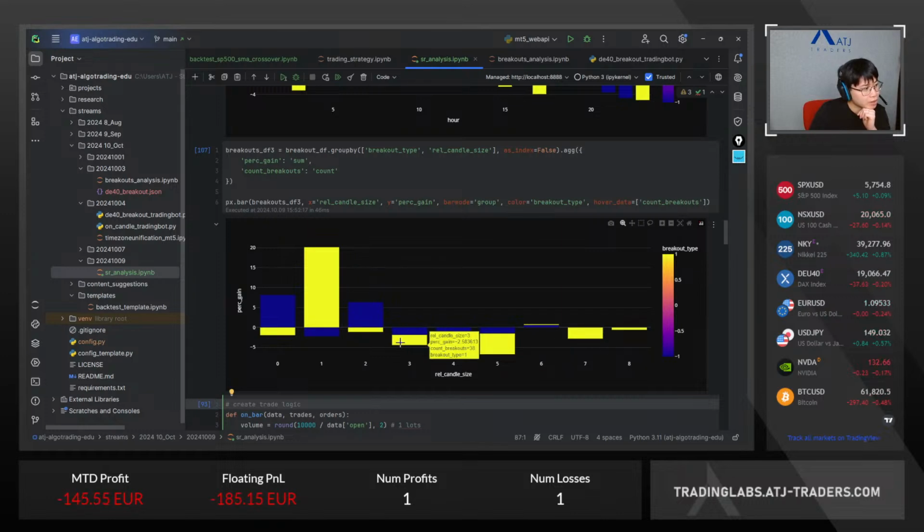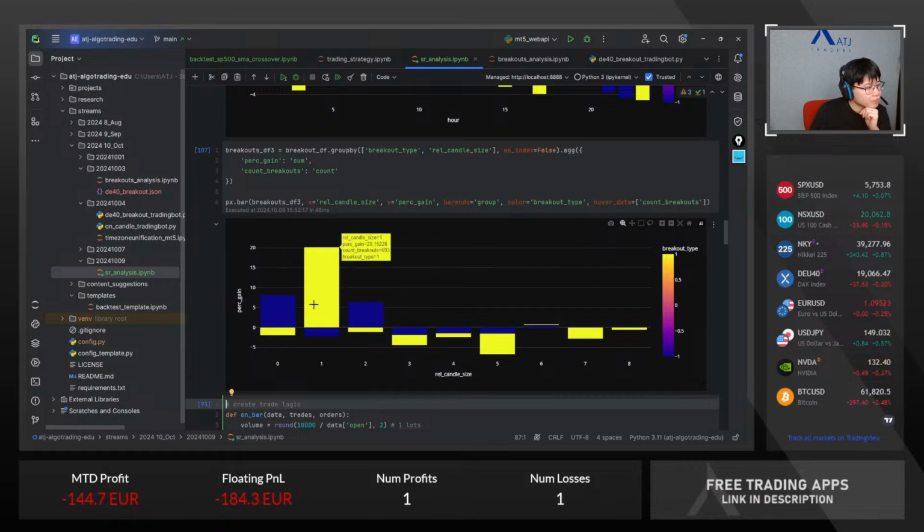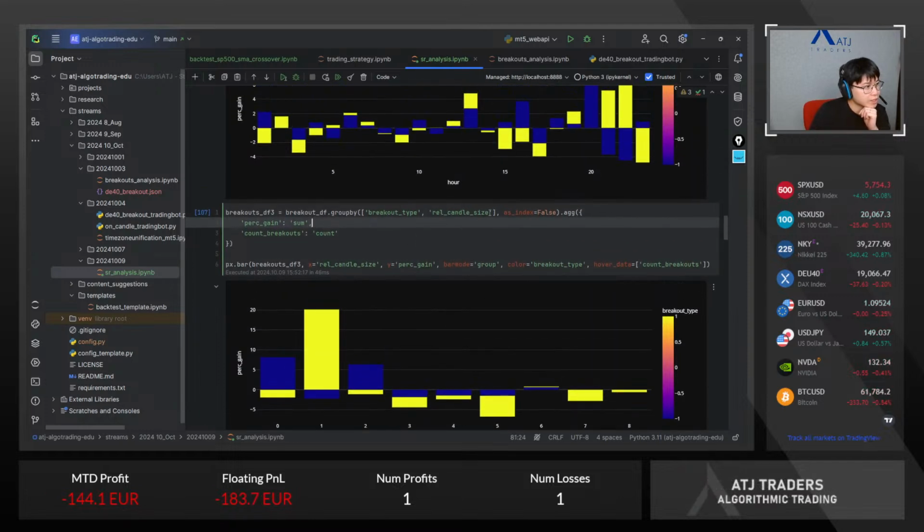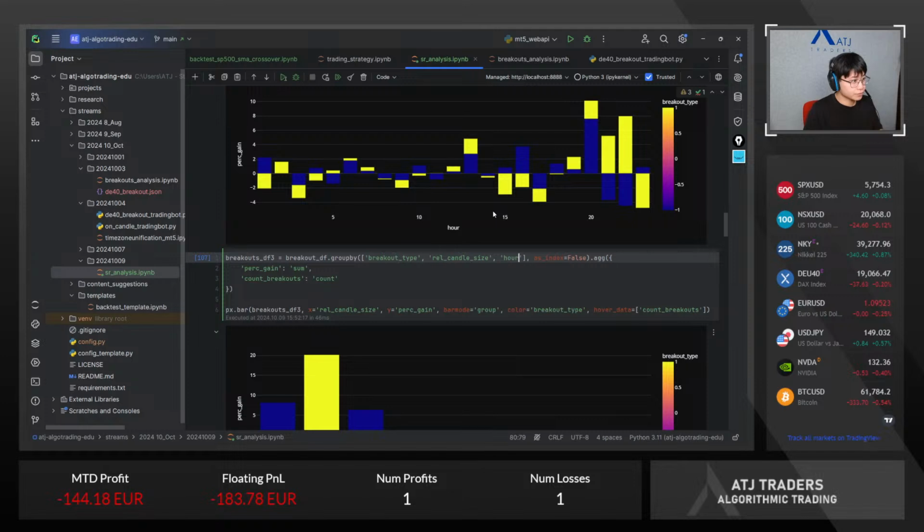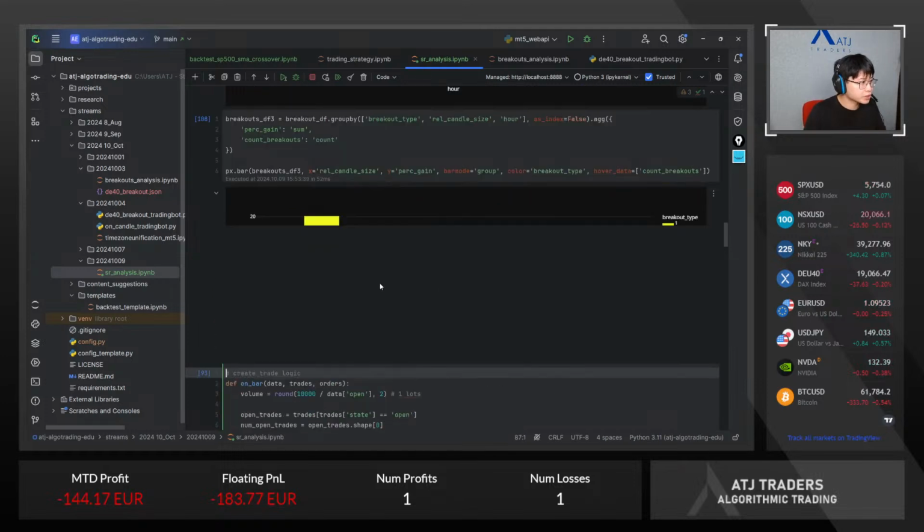That's what it means. And interestingly, for small breakouts on the short side, let me actually try to work just with this. Or maybe another thing I could do is relative candle size and then also add the hour. So all of that is very interesting.